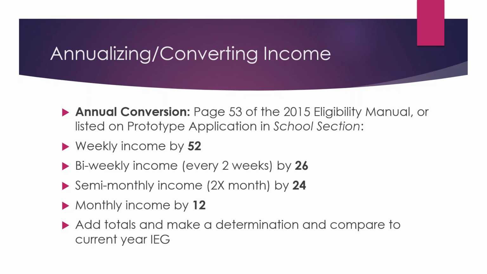If it's reported bi-weekly or every 2 weeks for a paycheck, you would multiply that by 26. Semi-monthly income, or getting paid twice a month, by 24. Monthly income is multiplied by 12. And again, all the totals are added up to make that determination based on the number of household members and compared to the current year income eligibility guideline.